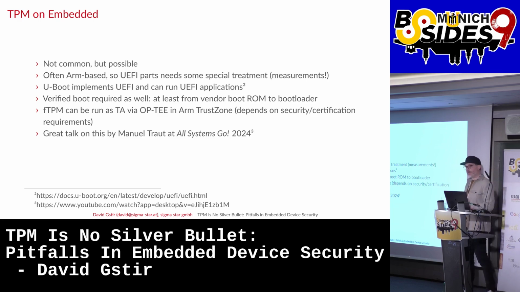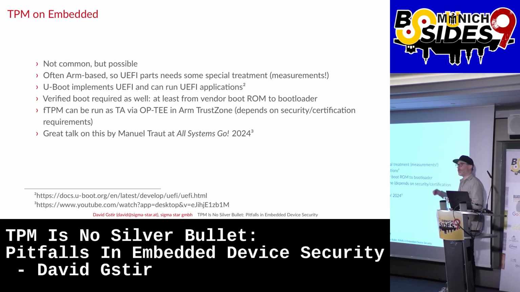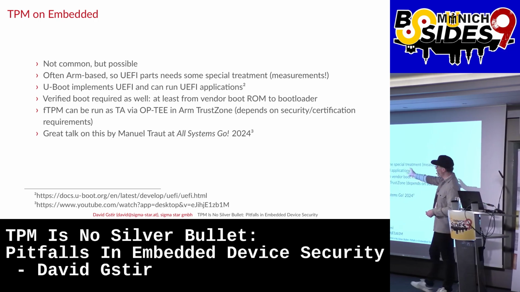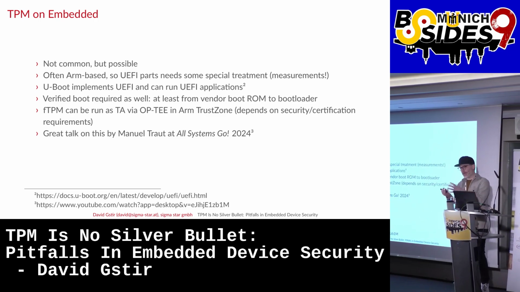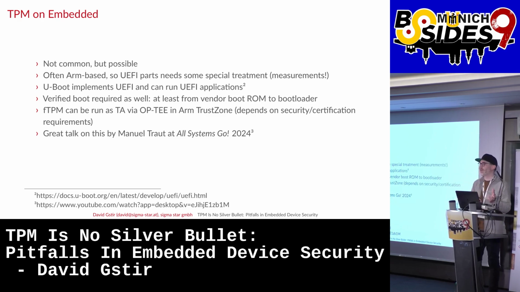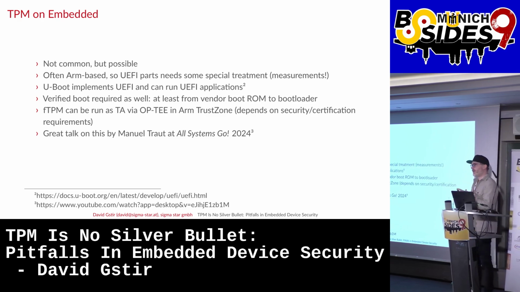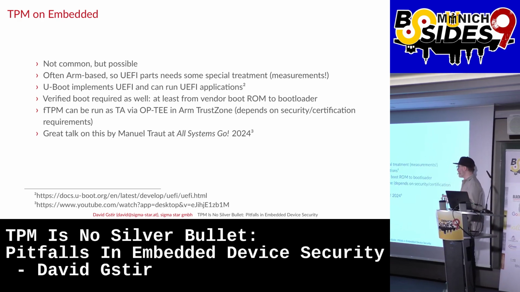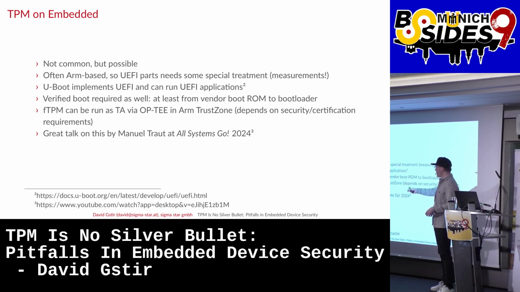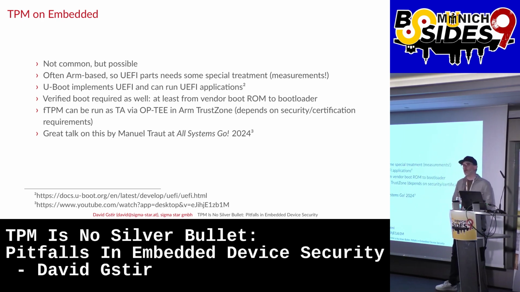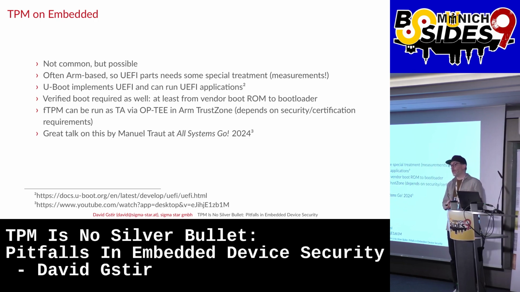You also don't really need a TPM chip. You can use a software-based one, so fTPMs. With ARM, you have TrustZone, a dedicated trusted execution environment on your chip, and you can run them there. The open source OS there, OP-TEE, emulates a TPM chip.